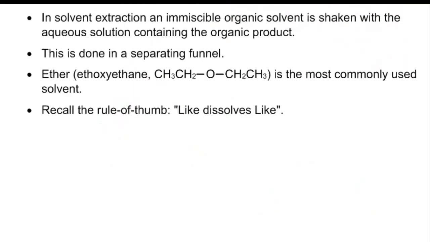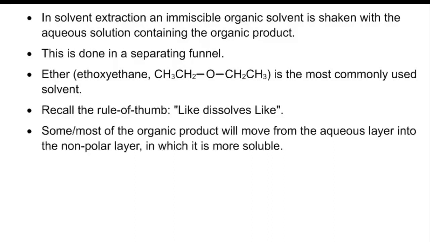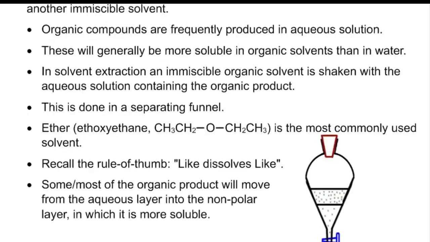Very important rule of thumb then, like dissolves like. So during solvent extraction, some or most of the organic product will move from the aqueous layer into the non-polar layer, in which it's more soluble. So if the lower layer here in the separating funnel is the aqueous layer containing the organic product, you'll shake it with an immiscible liquid in which the organic substance is more soluble.